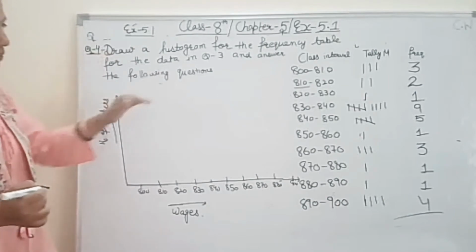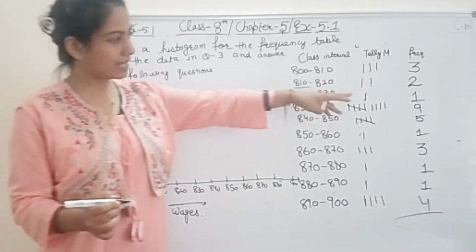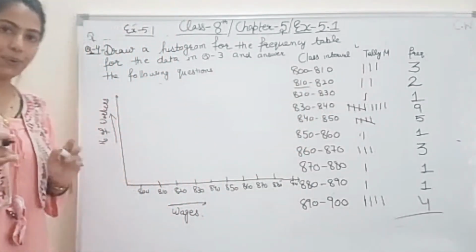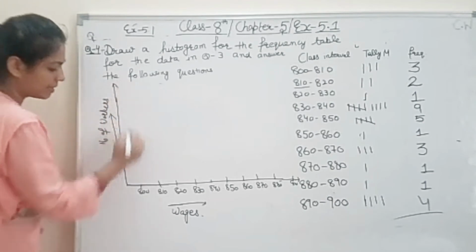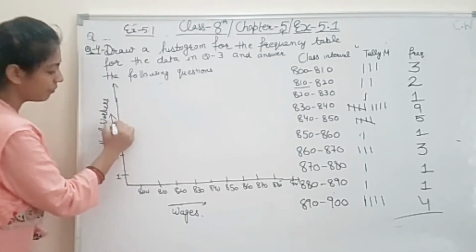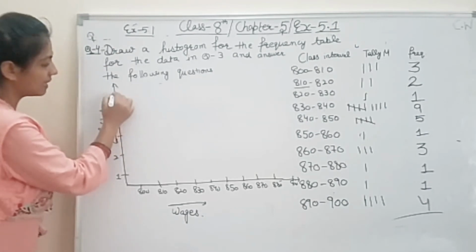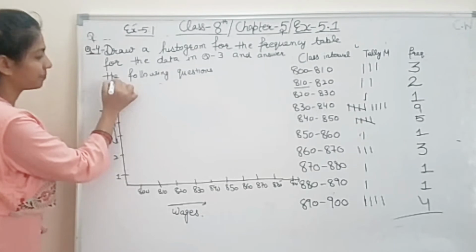And this side we have to take this frequency. और lowest तो है 1 and highest कितनी है student? 9. So you can take 1 gap easily. It will be easy for you. So let's start. 1, 2, 3, 4, 5, 6, 7, 8 and 9.